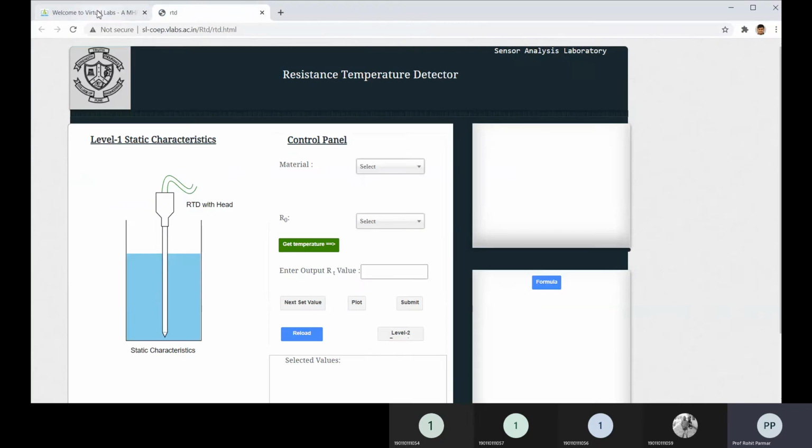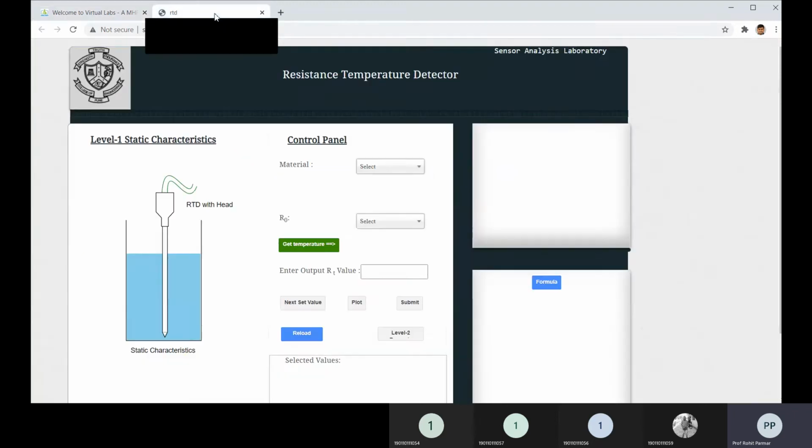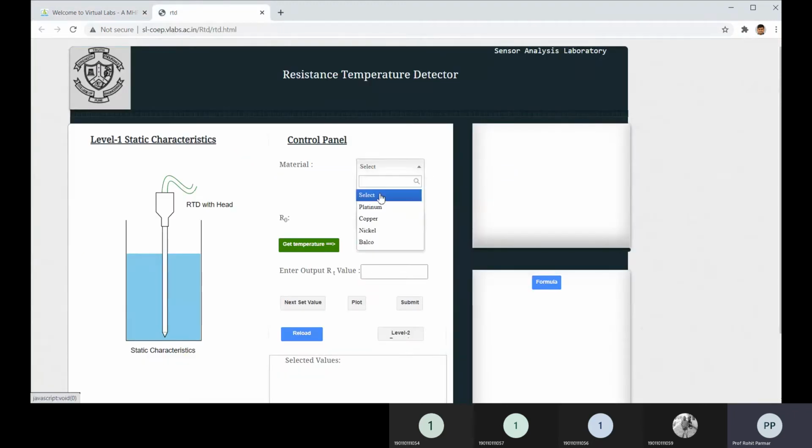Dear students, over here the procedure is given, so you can follow it. In the procedure they mention to first select the metal. I have selected platinum, then select its R0, then temperature. Now you are supposed to calculate the value of RT.